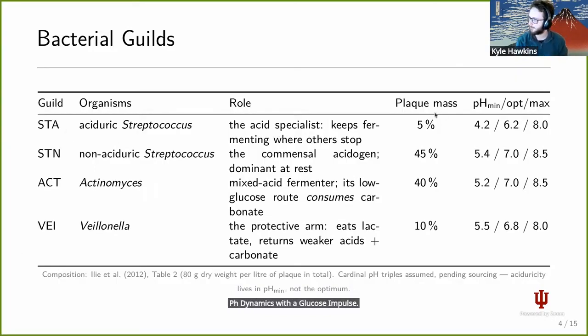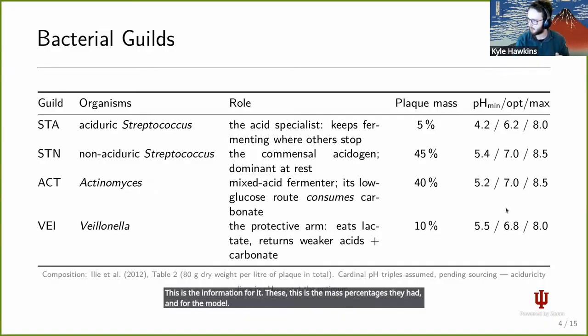So this is the information for it. This is the mass percentages they had, and for the model, these are some parameters I used to represent basically favorable pH ranges for each of these different groups.